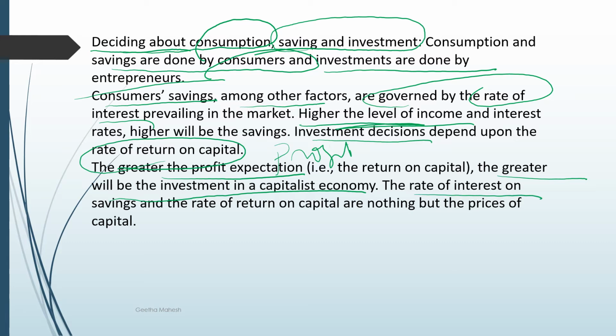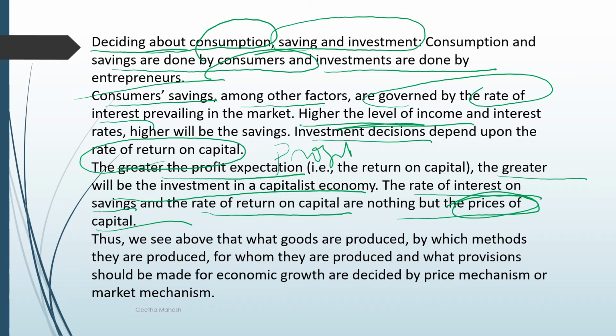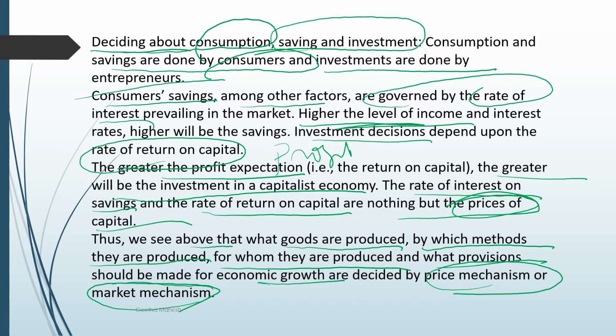Rate of interest on savings and rate of returns on capital are nothing but prices of capital. Thus, what goods are to be produced, by which method, for whom they are produced, and what provision should be made for economic growth are decided by price mechanism or market mechanism.